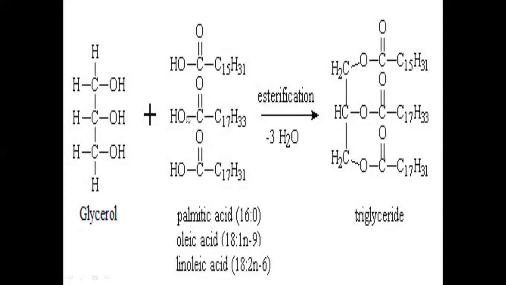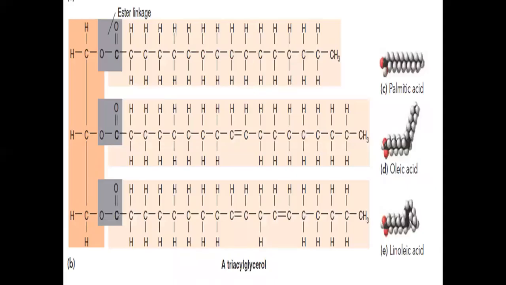Similarly, this one also reacts and also this one, to form the ester linkage and henceforth forming a triglyceride. So this is the process. So this is the ester linkage, the one in gray, depicting an ester linkage.